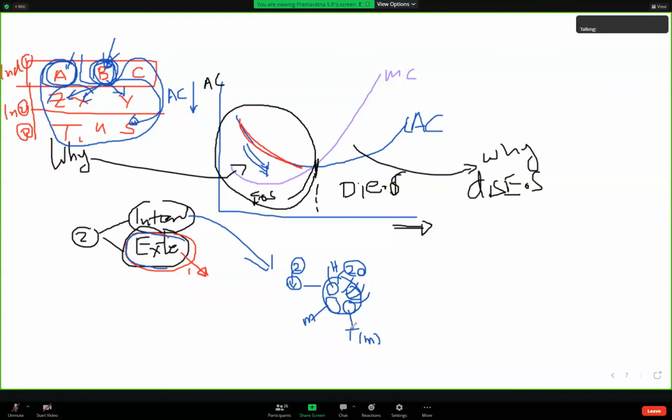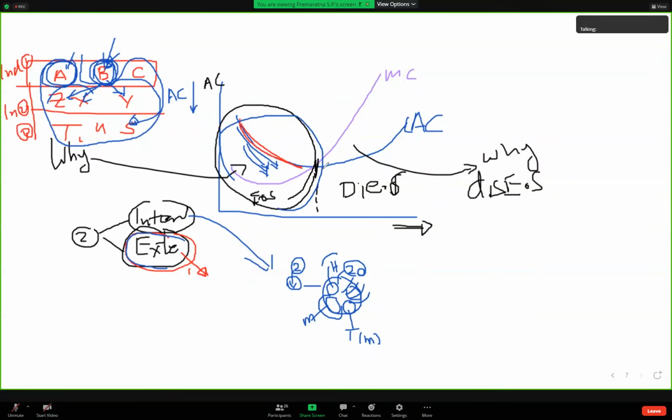They specialize for that. With the division of labor and specialized teamwork, it helps to improve productivity and reduce the average cost. So that's what we call internal economic scale.